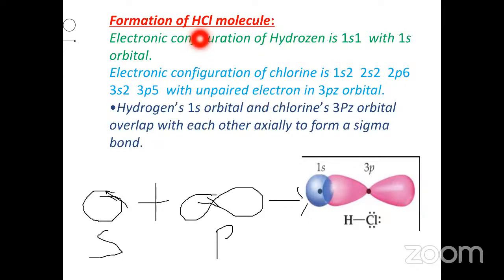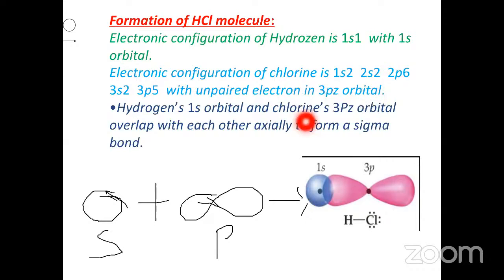Hydrogen's atomic number is 1, so its electron configuration is 1s1. About chlorine, its atomic number is 17, so its electronic configuration is 1s2, 2s2, 2p6, 3s2 and 3p5. It has one unpaired electron in the 3pz orbital.